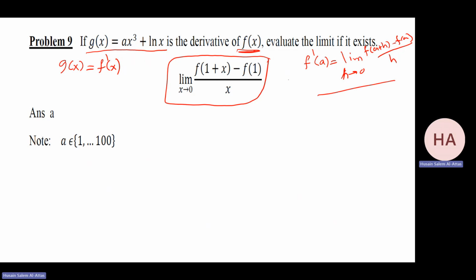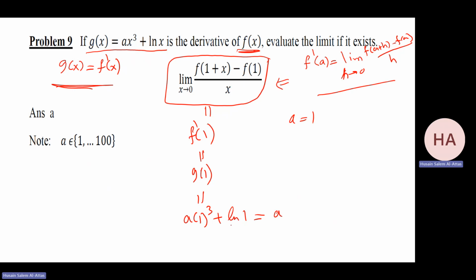If we compare this with this, they are the same, except that a is 1. So this one is f prime at 1. This limit, without doing anything, is f prime at 1, which is g at 1. Since f prime is equal to g, which is a times 1 cubed plus ln 1, and ln 1 is 0, which is a. That's my answer.